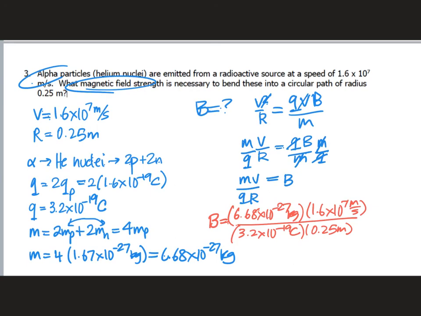So plugging this all into our calculator, we end up with a magnetic field that is 1.336 Tesla. So there you have it. The equations, the concepts, and a practice problem on charged particles moving in a circle. Good luck with your worksheet.